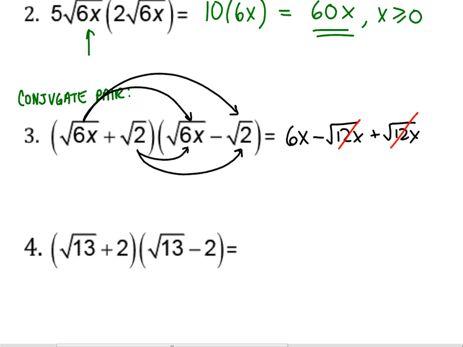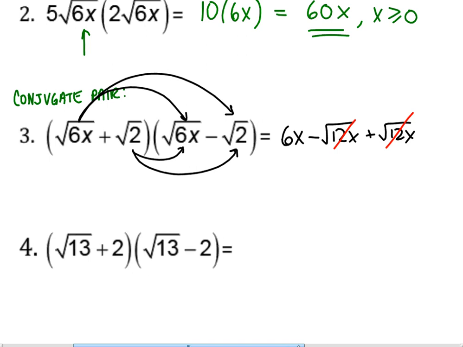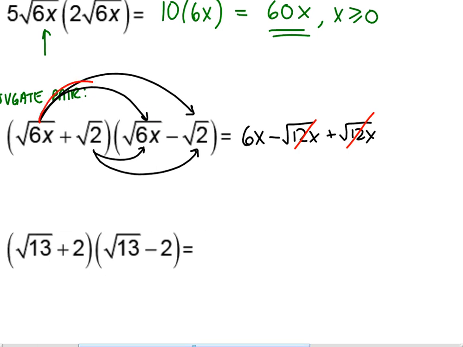You don't have to multiply those. You can just multiply the first and the last. What's a positive root 2 times a negative root 2? Well, first of all, a positive and a negative, negative. Root 2 times root 2, just 2. And so we're left with 6x minus 2.